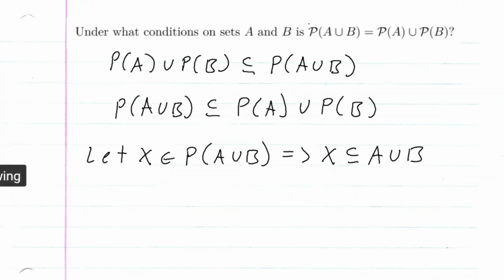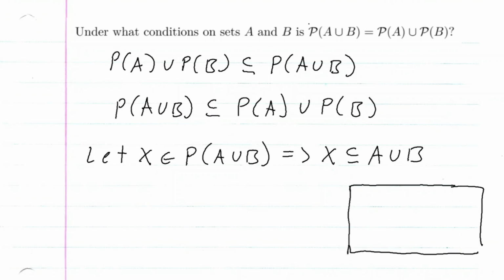So let's go ahead and draw a picture, right? Okay. So here's the universal set, and we'll have A here and B here, right? Well, we know if X is a subset of A union B, then X could be completely just in A, in this part here, right? So this would not imply that X is a subset of B, right?